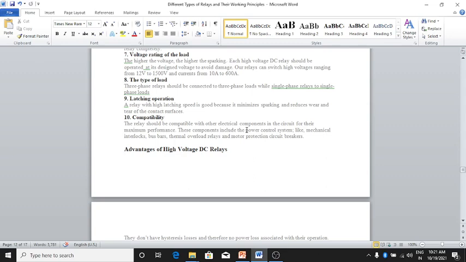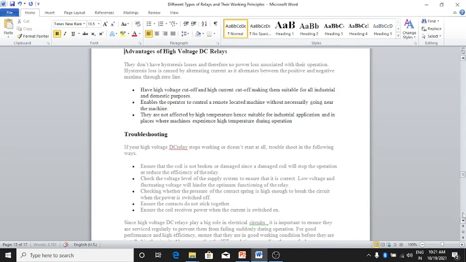The relay should be compatible with other electrical components in the circuit for maximum performance. These components include the power control system like mechanical interlock, bus bars, thermal overload relay, motor protection circuit and breakers. Clear?